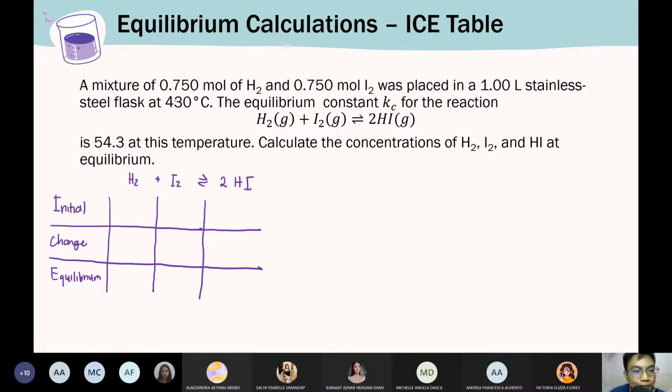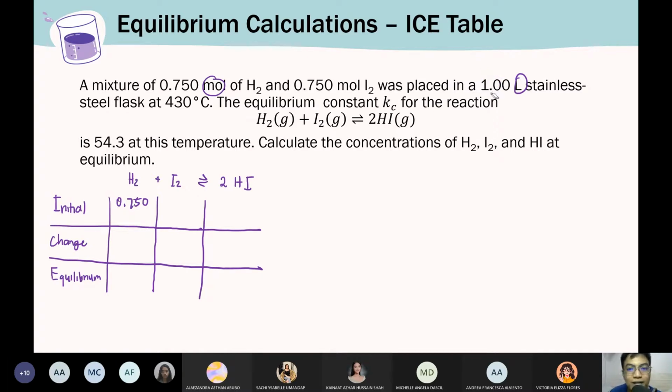Okay. So for the initial concentration of hydrogen gas, it's 0.075. Sorry, mali. 0.750 divided by 1. So that's mole divided by the volume. So again, it's still 0.750 lang naman. But do not forget, what if iba yung value niyan? So may iba yung sagot mo, ha?